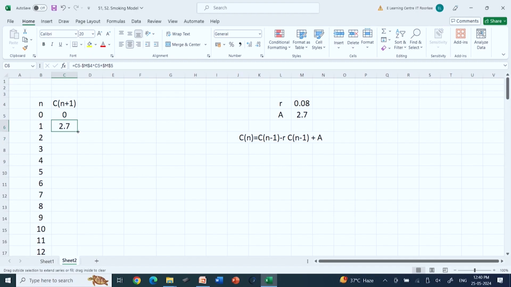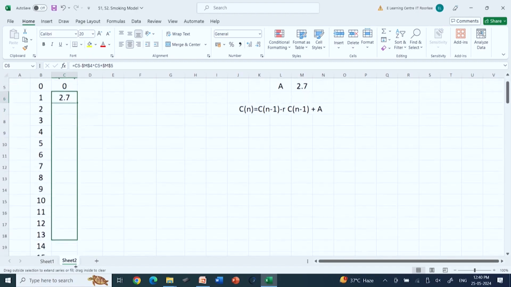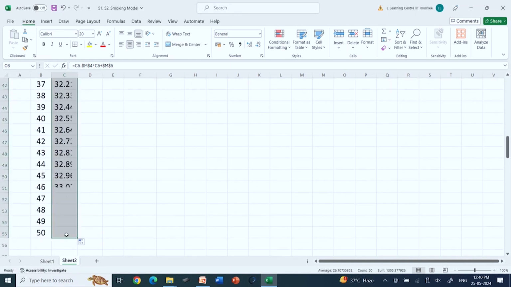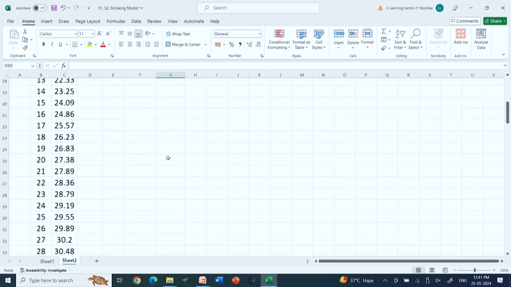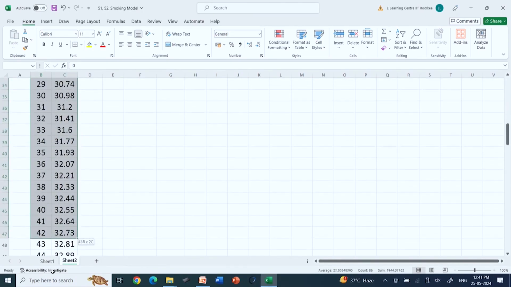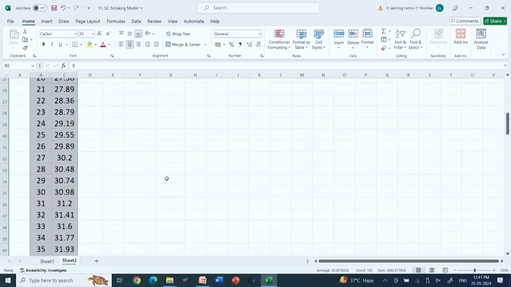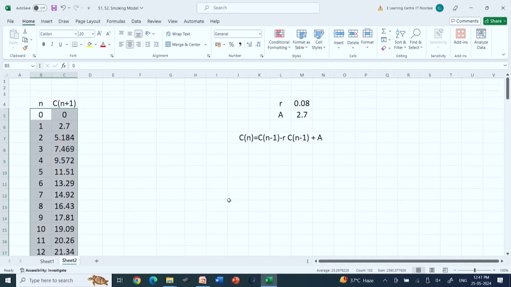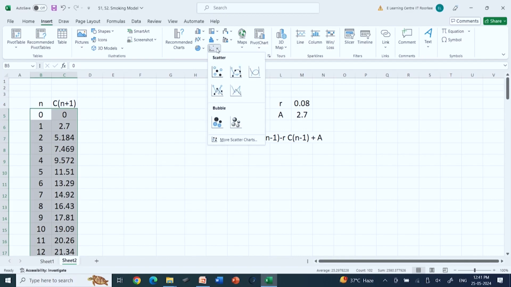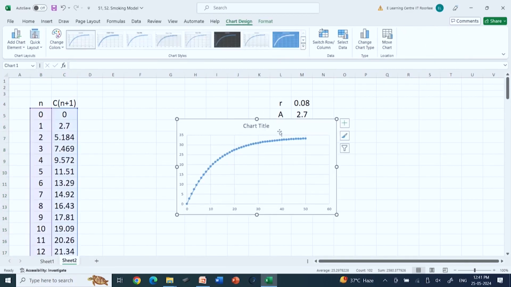So if I drag the values, let's see how much. So I highlight this, go to insert, click this value and this one.